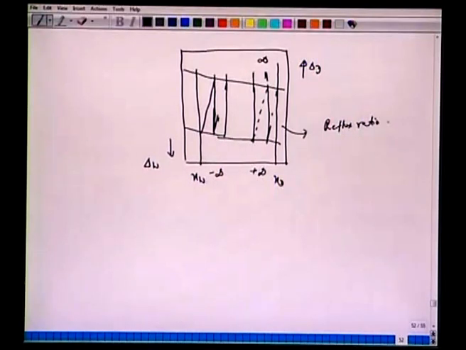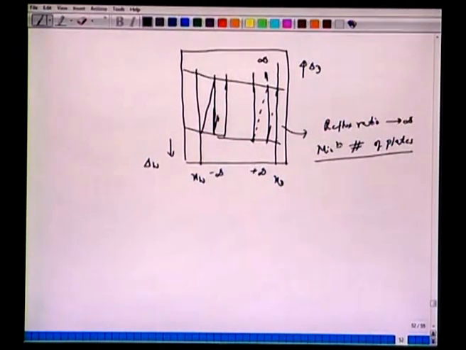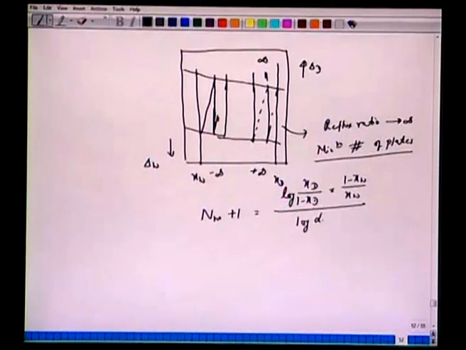When the reflux ratio tends to infinity, we have essentially the minimum number of plates. Under these conditions, when the operating line is going vertically upward, one can also calculate the total number of plates analytically. I leave this as an exercise. One can show that the minimum number of plates at infinite reflux ratio equals log of xD over 1 minus xD times 1 minus xw over xw, divided by log alpha average.